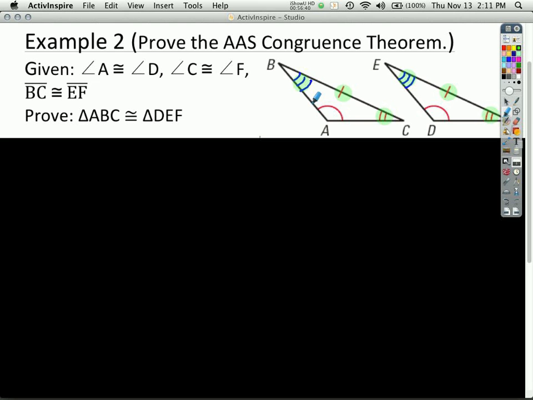Now we have angle, side, angle, and we're allowed to say that the 2 triangles are congruent because of ASA. But now we have a shortcut. We can now say angle, angle, side, because that's going to be true every time, no matter what 2 triangles we have. If we have 2 triangles that have 2 angles congruent to 2 angles, then the third angles will always be congruent.